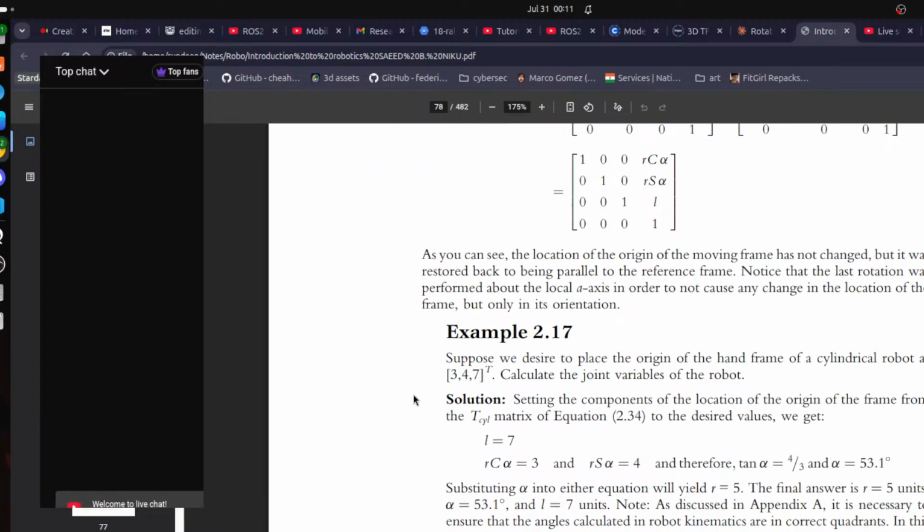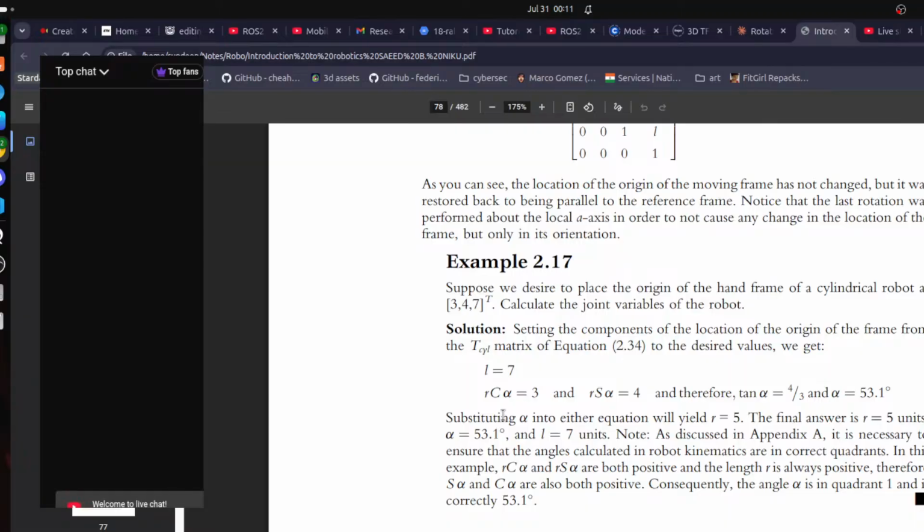Suppose you desire to place the origin of the hand frame of the cylindrical robot at this location. Setting the components of the location of the origin of the frame from the cylindrical matrix, we get this and this and this.